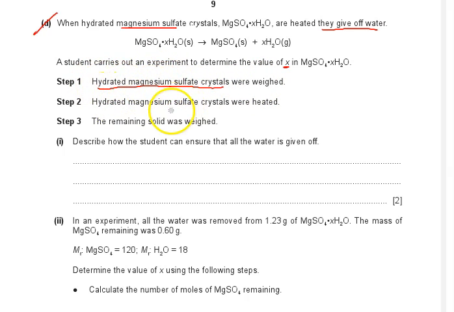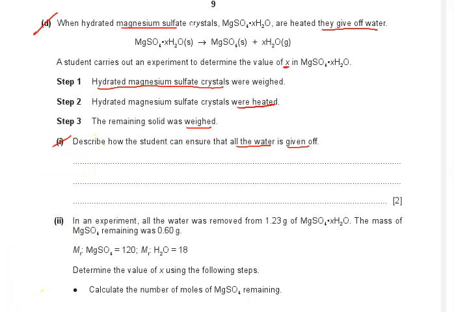Step 2, it is being heated. The remaining solid was weighed again and then subtracted. Describe how the students can ensure that all the water is given off. You can say when the mass is constant.